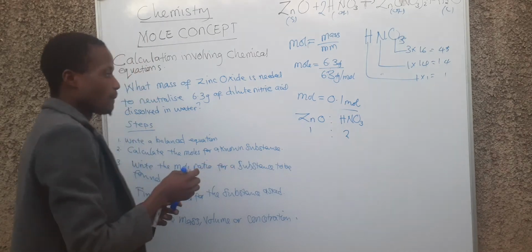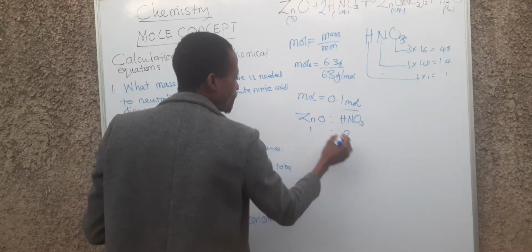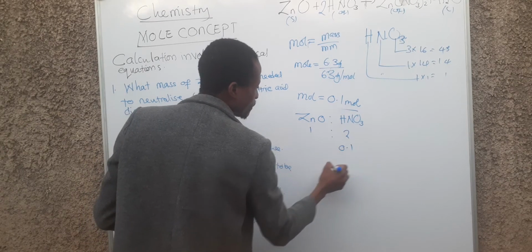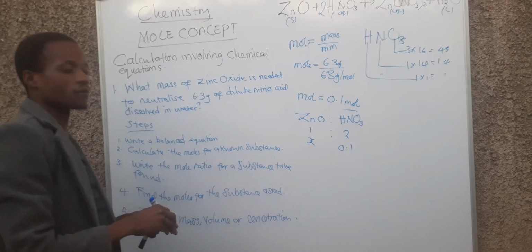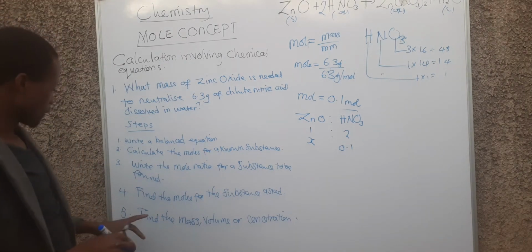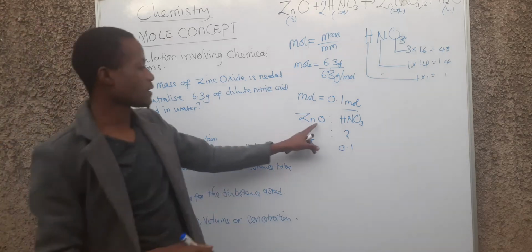Then we have to compare the number of moles. For nitric acid we have 0.1, but for zinc oxide we don't have, we can put a letter like X. So this is also in step 4, because we need to find the number of moles for the substance asked.